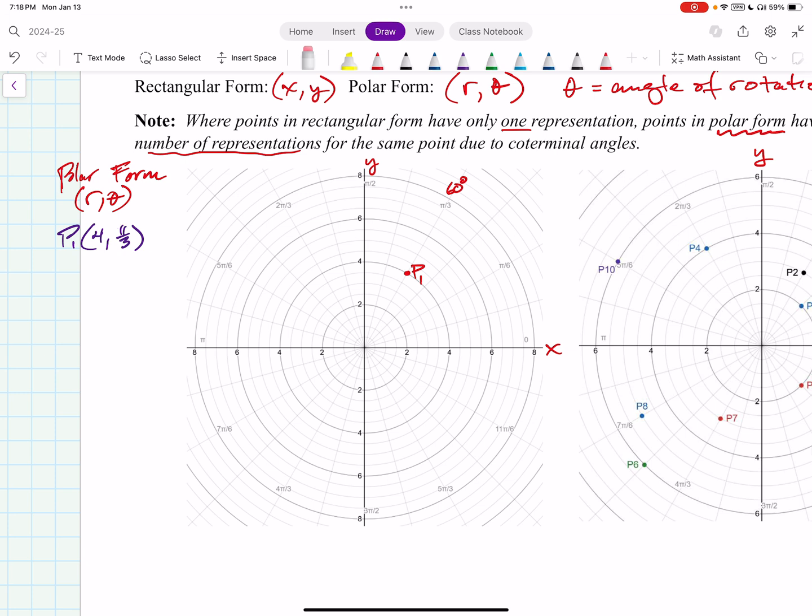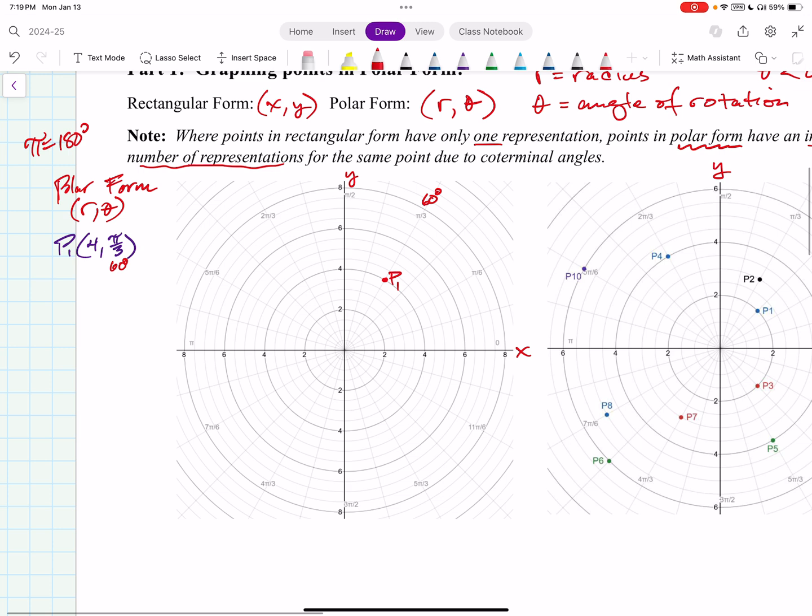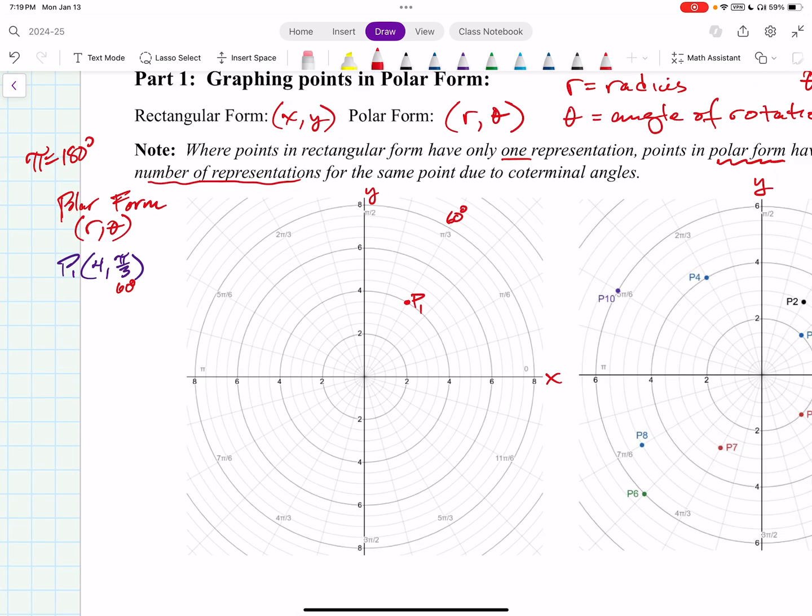Let me get back there. Just cleaning up my notes here. So this is 60 degrees. Pi is 180 degrees, and when I see pi thirds, I think pi divided by 3, or 180 divided by 3, which is 60 degrees.